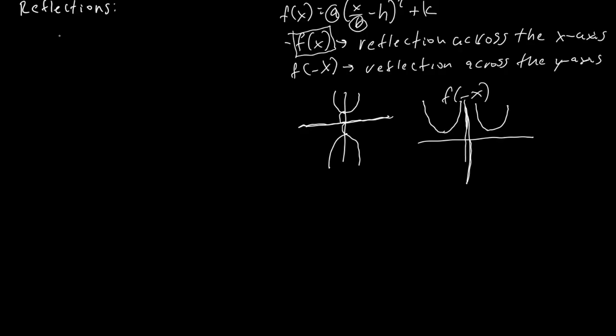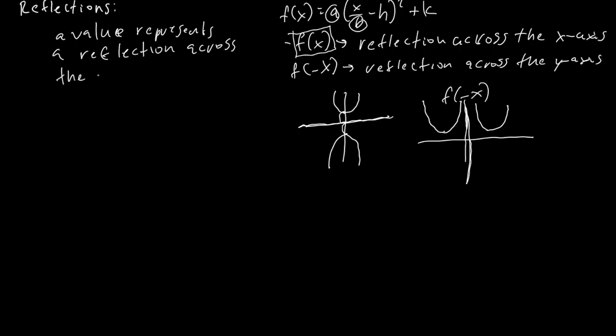And in a real function, this can be represented through the a and b values. The a value represents a reflection across the x-axis, because once again you're not inside of the x term, right? As you can see here, you're outside of it, so you're manipulating y.